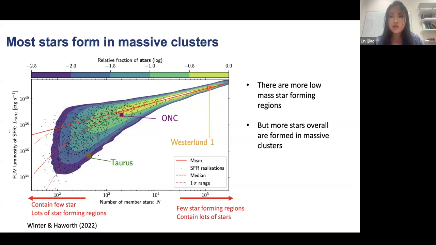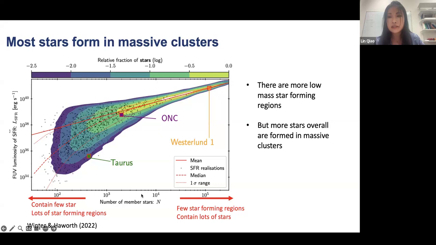So in order to demonstrate the typical type of star-forming environments where most of the stars form, here is a theoretical analysis of the distribution of different types of star-forming regions and the distribution of stars in these types of star-forming regions. So in this plot, the black points represent a subset of 1,000 synthetic star-forming regions being sampled.